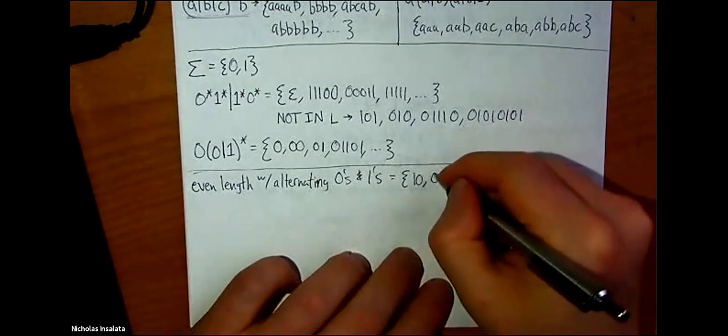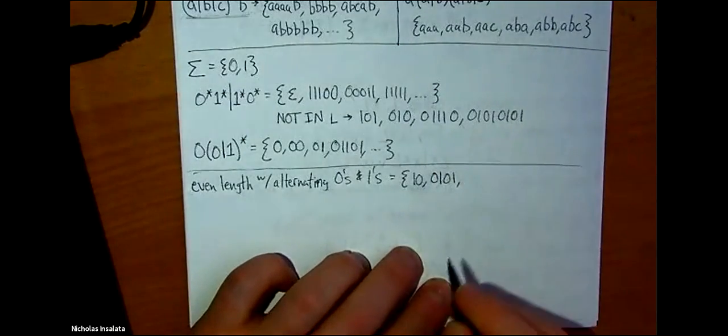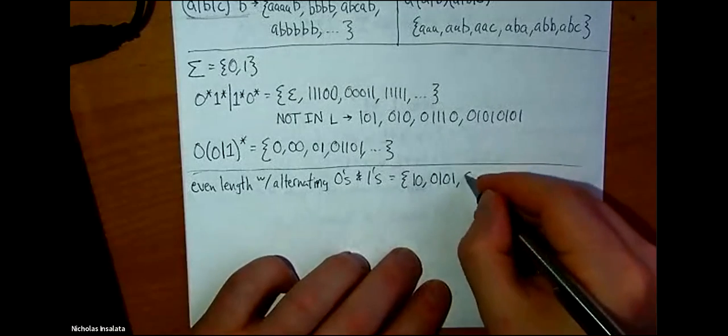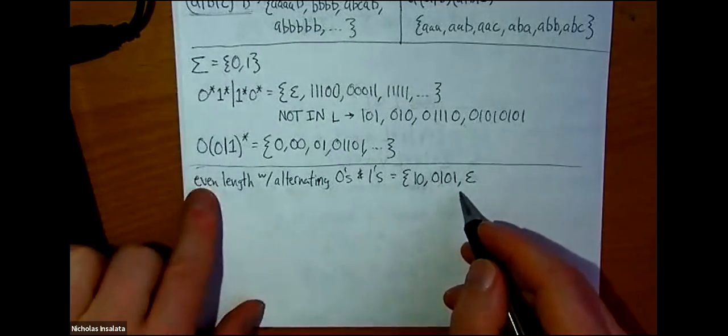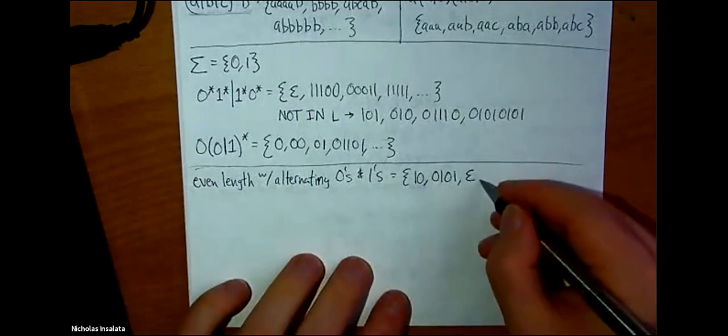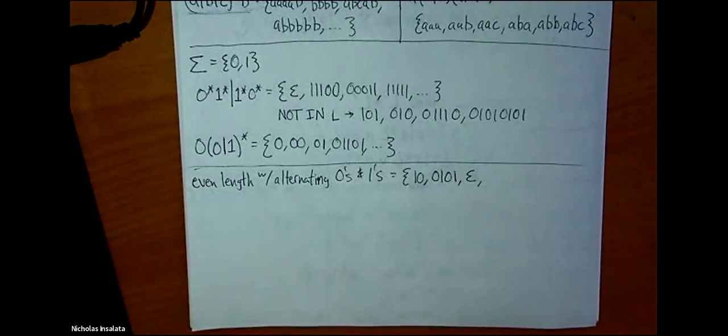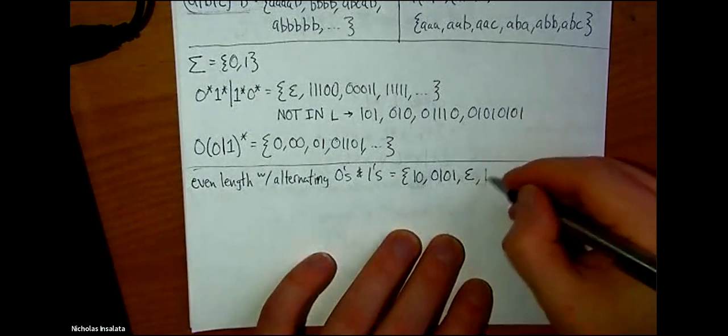Zero, one, zero, one. Okay, great. I'll give you a freebie. The empty string is in there because that has length 0, and 0 is an even number, so that counts. Let's do one more. One zero, one zero, one zero. Excellent.